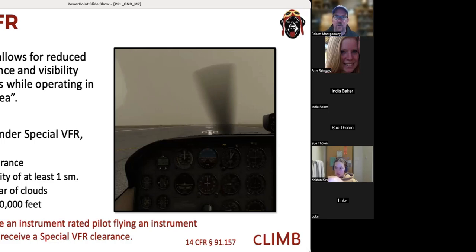And those are the two keywords, right? We're talking about broken or overcast layers. If I have few or scattered, it's not technically a ceiling. So I can have few at 900, scattered at 900, I'm good to go. Broken at 900 or overcast at 900, I can't take off, right?